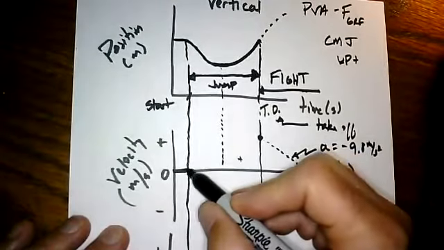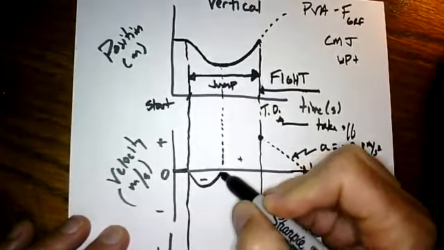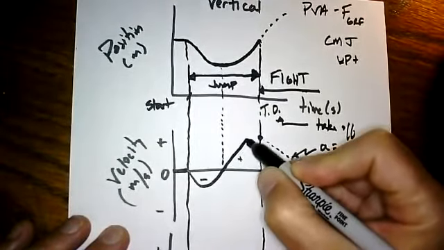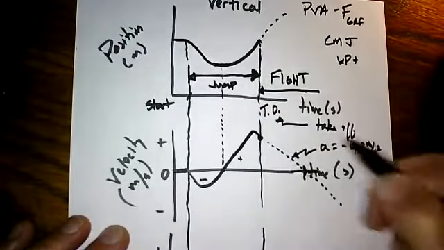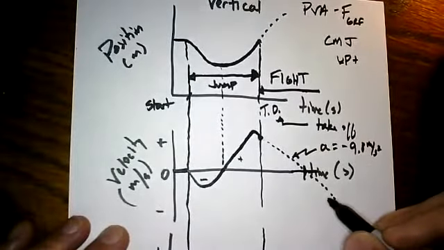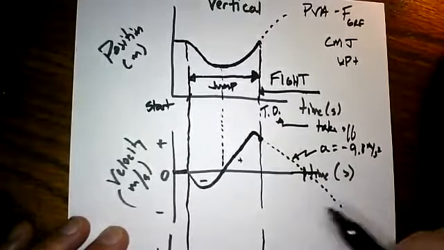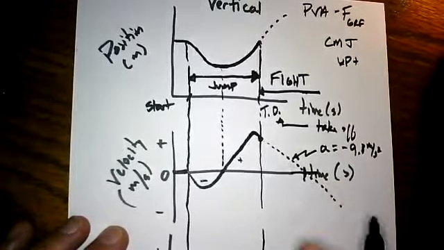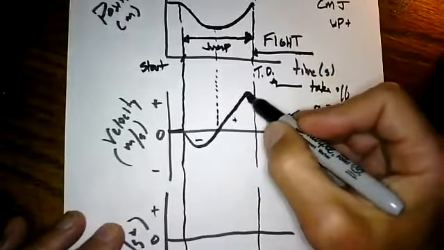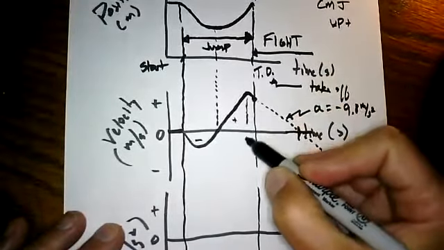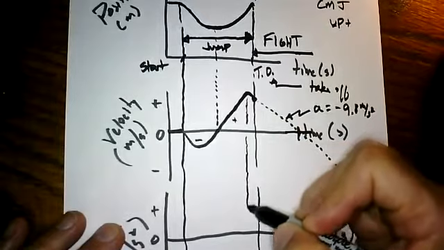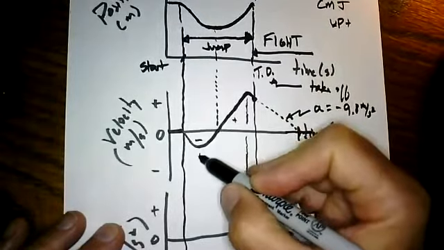So my velocity plot is going to look like this. And notice what I'm going to do. I'm going to make the fastest velocity occur right before takeoff. The fastest velocity that we're going to see will be right before takeoff. All right, so now let me drop dotted lines down at the max and min because it's easier to see some things.